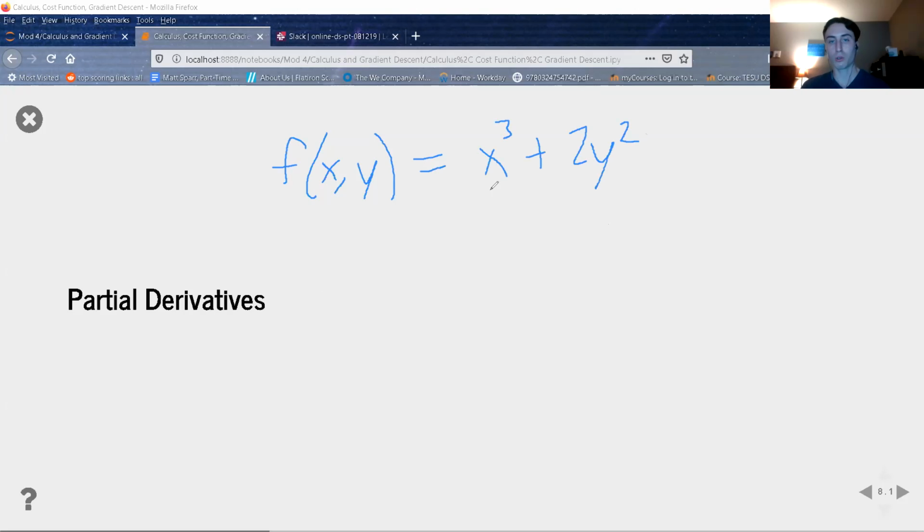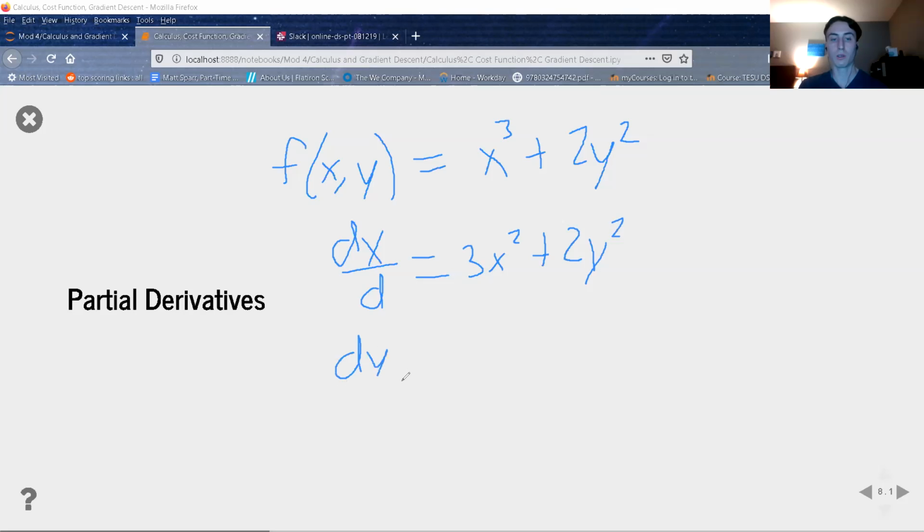Basically you choose one of the variables and you find the derivative with respect to that variable. So if we want the derivative with respect to x, we treat y as a constant and we just focus on the x variable. So we would have 3x squared, and then we just pull down the whole y term, so it'd be 2y squared.